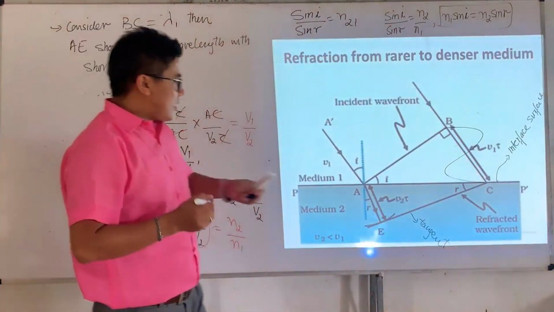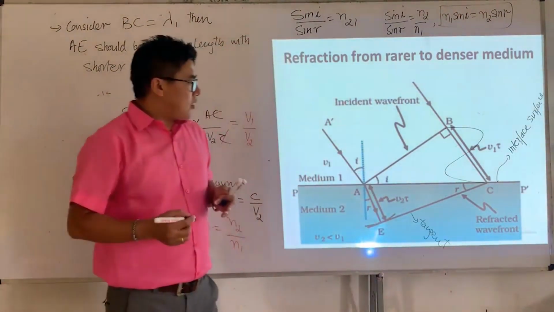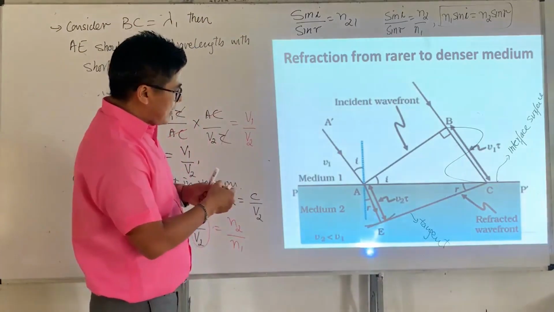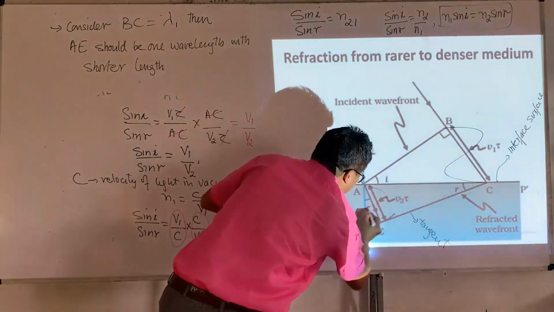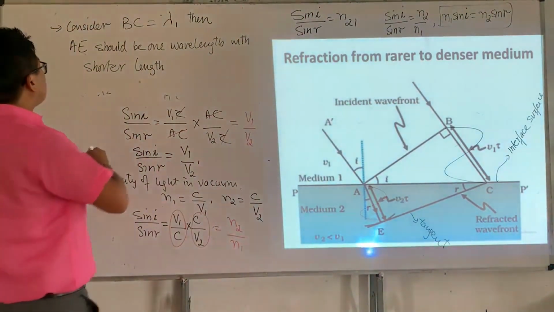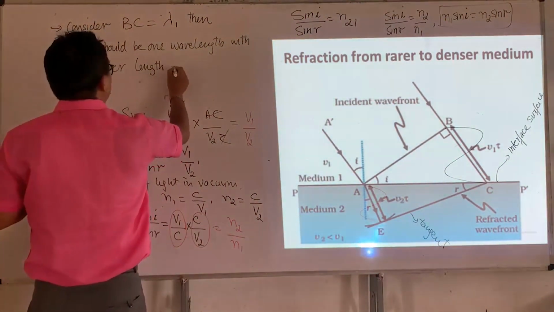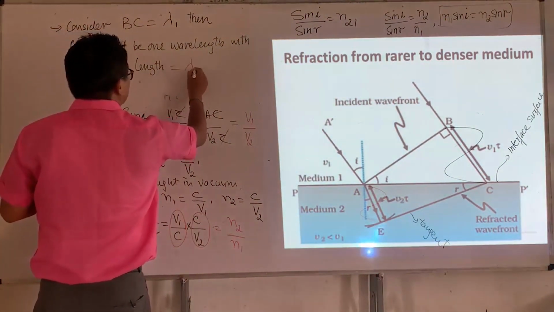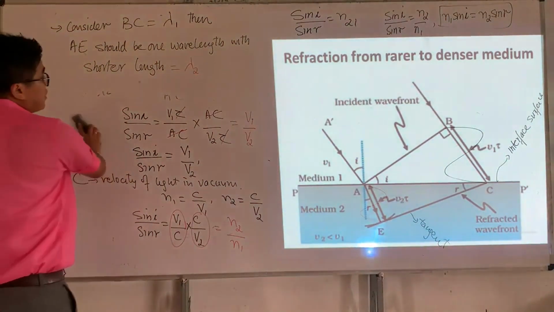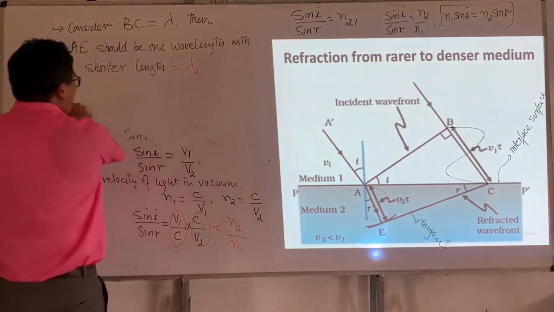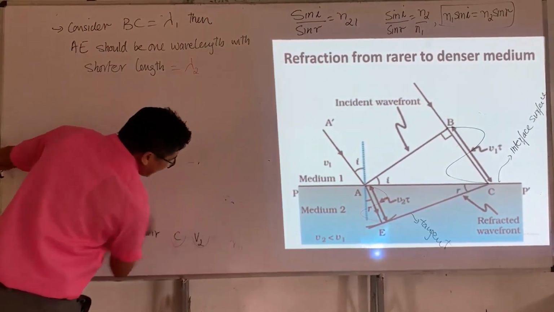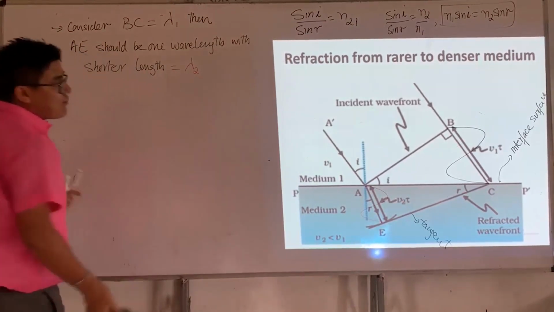Otherwise, the definition of the wavefront won't properly hold, right? So this is going to be like this, which is equal to lambda 2. They are of one wavelength each, but of different wavelengths.